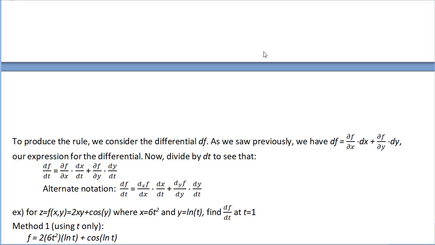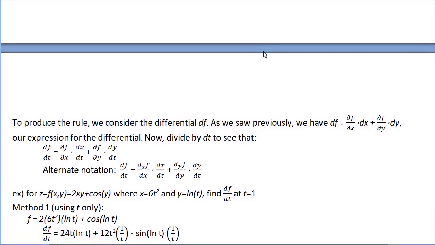Just plugging in, we get that the function f is 2 times 6t squared times ln t plus cosine of ln t. Now it's very straightforward. This is just simple single variable calculus. Just calculate df/dt.